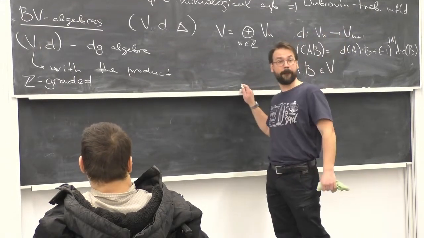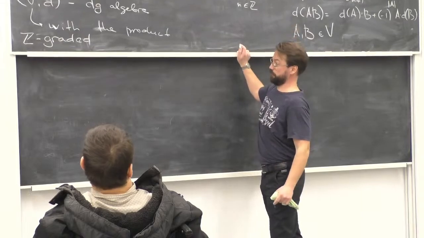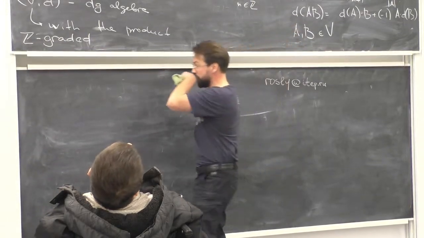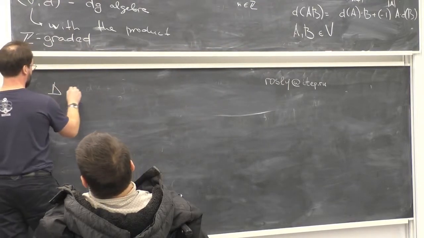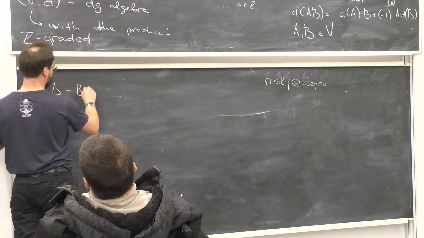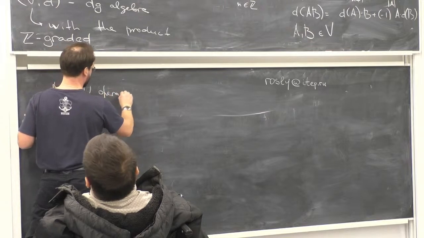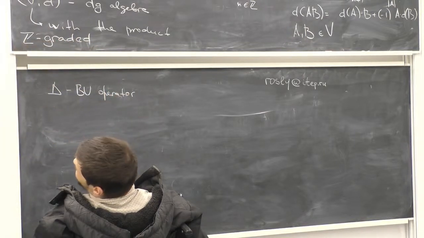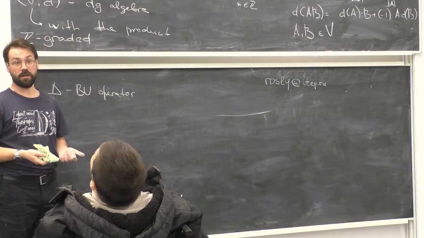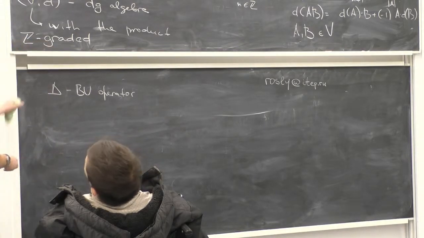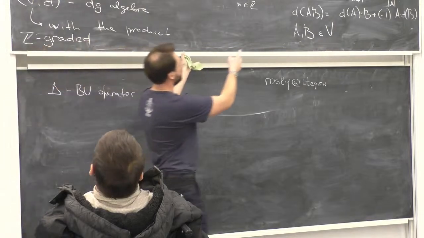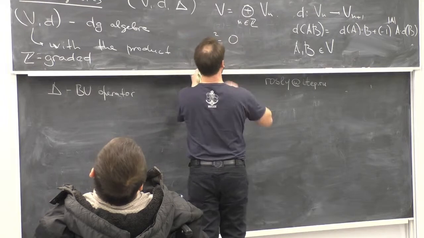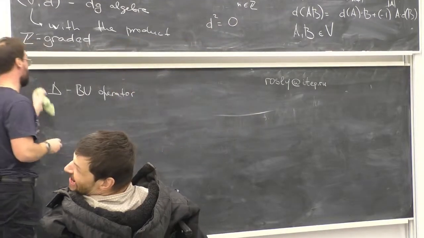And delta is a BV operator. Namely, this is some additional data. Delta is a BV operator; it makes a DG algebra a BV algebra. Saying differential, I forgot to say that the square is equal to 0. That's important.